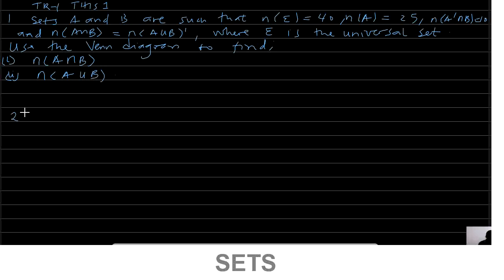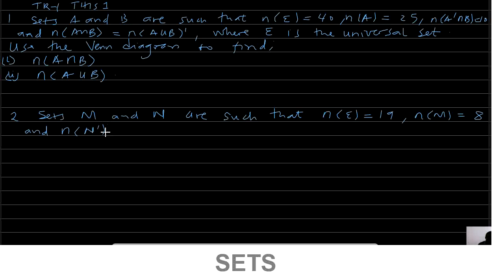Second number there. Sets M and N are such that the number of elements in the universal set is equal to 19. The number of elements in set M is equal to 8. And the number of elements in N complement is equal to the number of elements in M complement intersection N, and it is equal to 7.